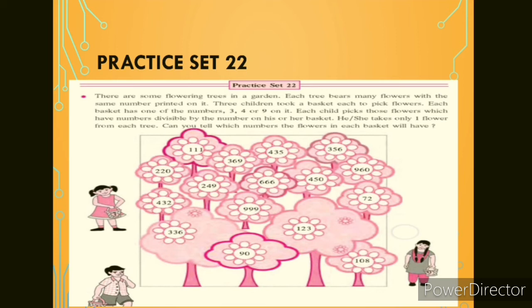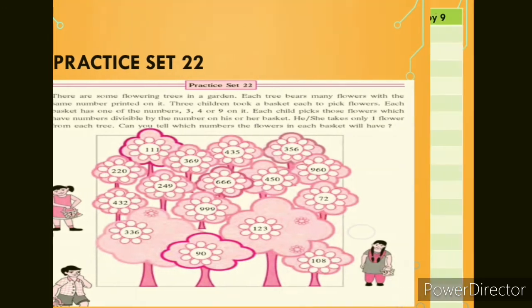Here 3 children are there. These are having 3 baskets with them respectively, that is 3, 4 and 9 numbers are written on those baskets. We have to find out from the given numbers which are divisible by 3, 4 and 9. Accordingly, these children will have those numbers in the respective baskets.